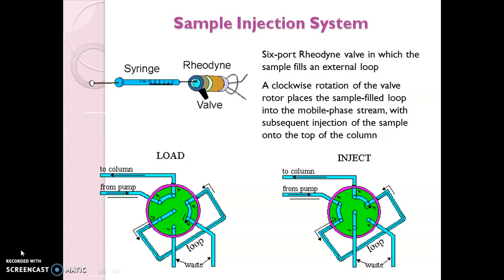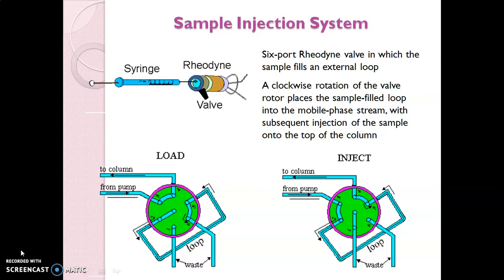In the load position, the mobile phase is coming from the pump and going to the column. But as we are injecting our sample, the pump system is connected to the filled sample loop, where our sample is filled, and our sample is passing through the column. So this is the injection system.